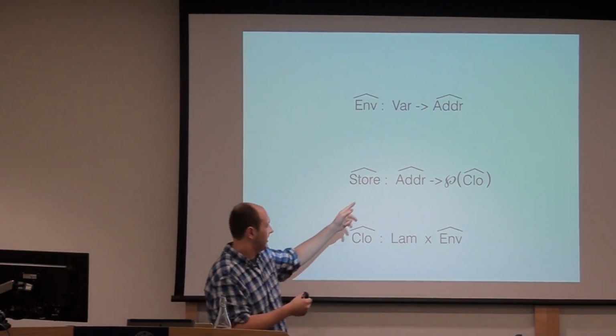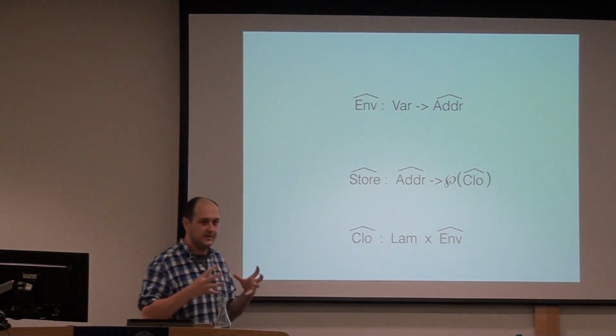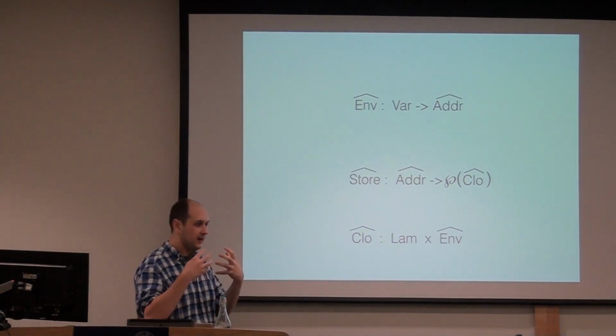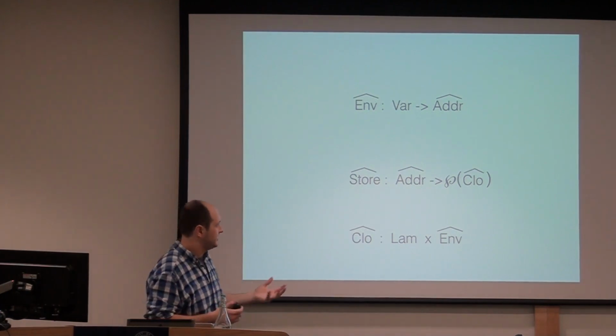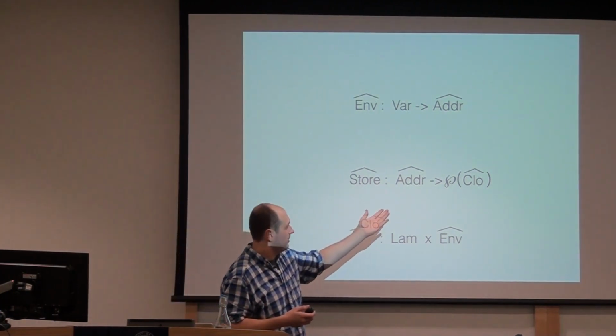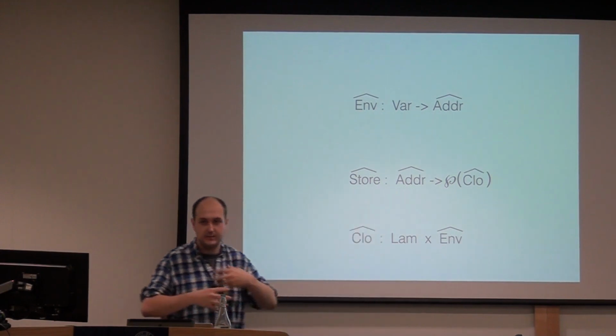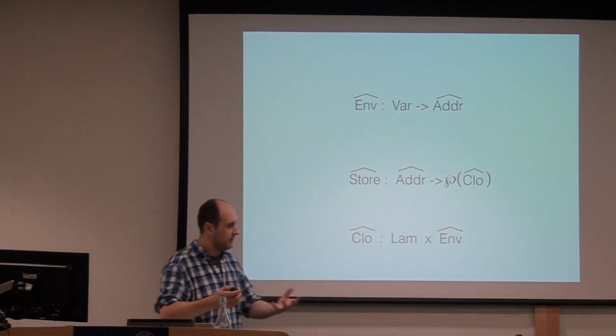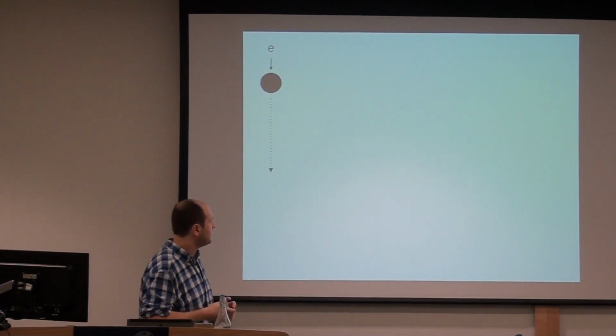So now we have abstract addresses mapping to a set of different closures. And we also have to allow non-determinism in our transition relation, because if we have more than one possible closure in call position, then we have to simulate multiple control flow edges stemming from that.